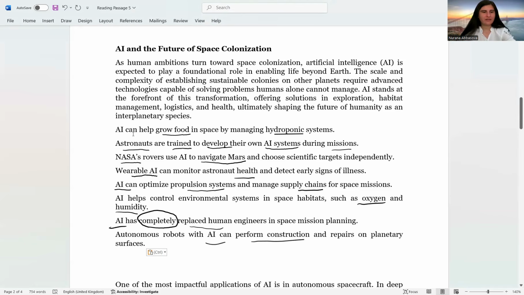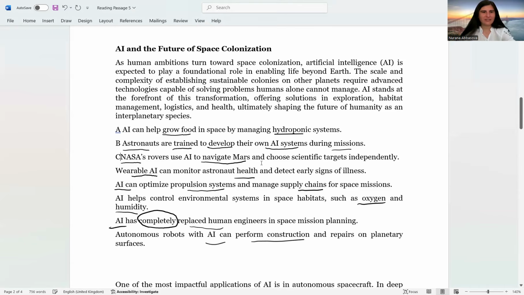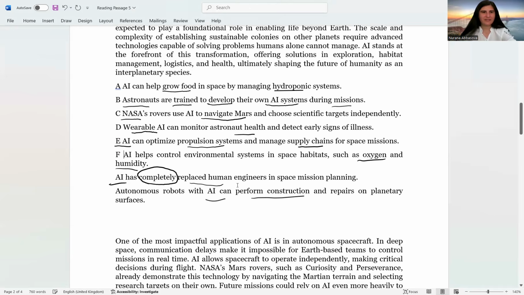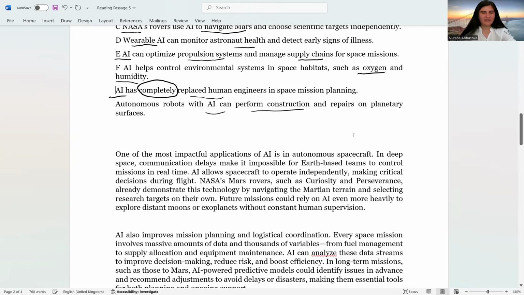Let me make it A, B. Let's do like this, guys. Okay, C. It will be easier. C, D, E, F, G, and H. Yes, please. Answers.